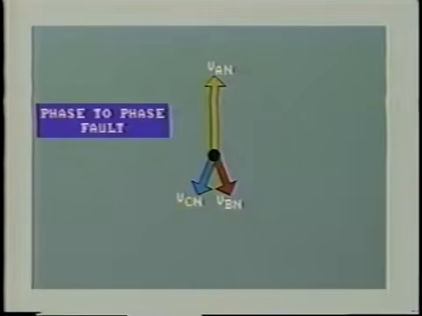Incidentally, there is an easier way to construct this phasor diagram, first by indicating only the phase voltages line to neutral. Here we have VAN, VBN, and VCN. Both VBN and VCN have been depressed in magnitude and phase angle due to the short circuit between line B and line C. We can show the voltage between line B and C like this.